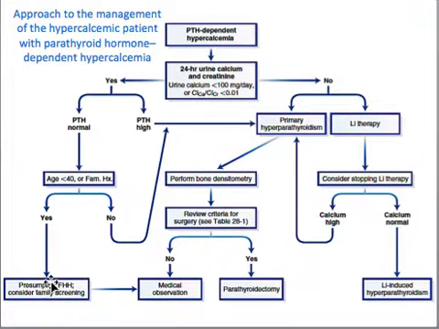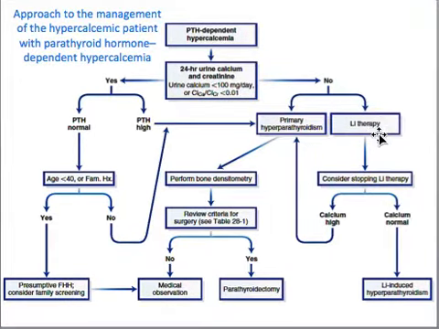And usually FHH is managed medically. If you have urine calcium more than 100 milligrams per day, or the PTH is markedly high, then you investigate for primary hyperparathyroidism or lithium therapy.